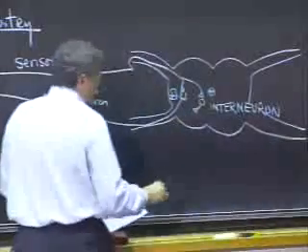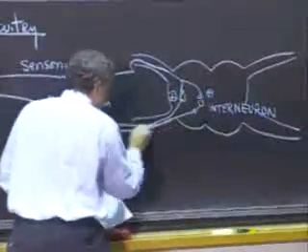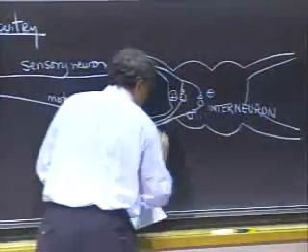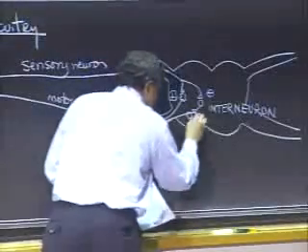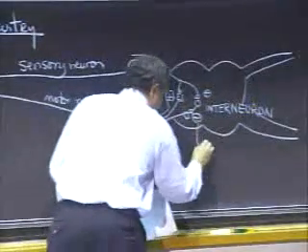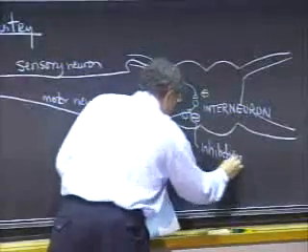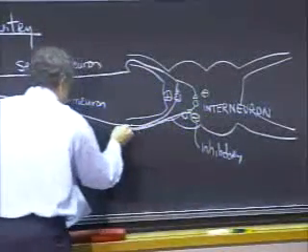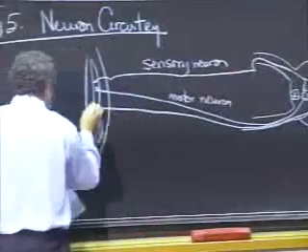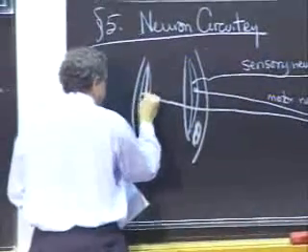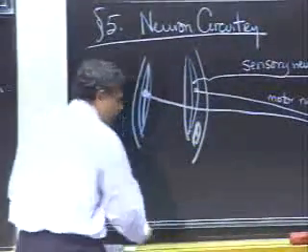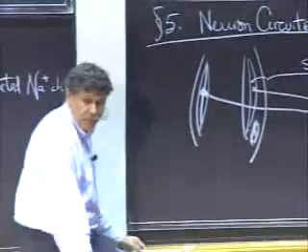That intermediate neuron makes a synapse on a second motor neuron, but this is an inhibitory synapse. That motor neuron sends its process out and is affecting the opposite muscle.